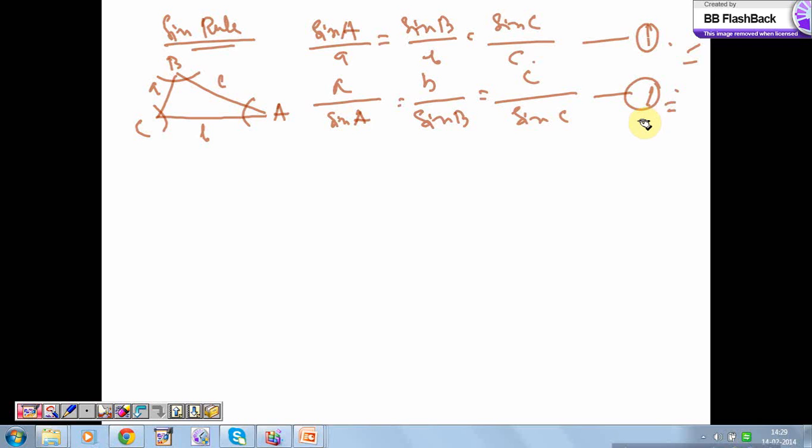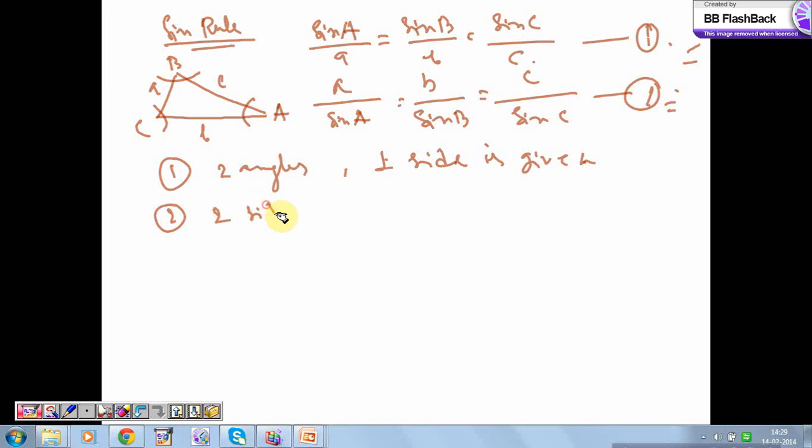So when will you be using the sine rule? In a math problem where two angles and one side are given, or the second condition where two sides and one opposite angle are given.